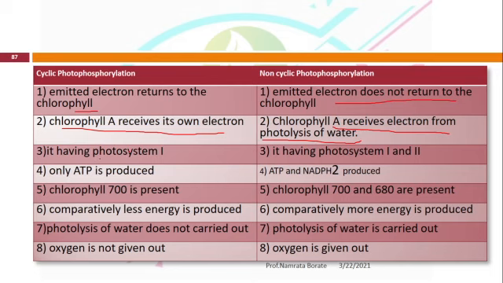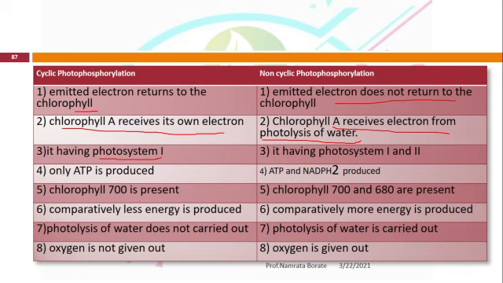There is involvement of only photosystem first, but here there is involvement of photosystem first and second. Only ATP is produced, but here there is a production of ATP and NADPH2.